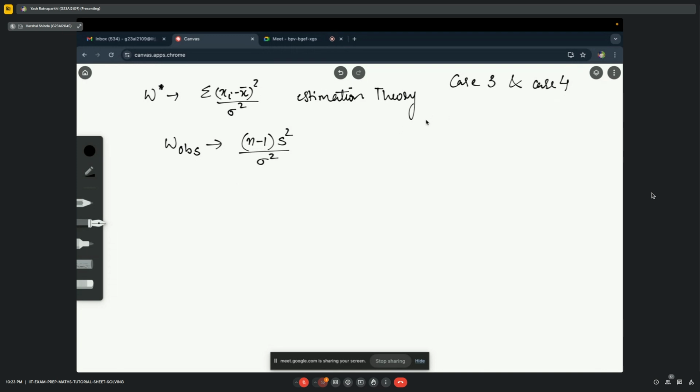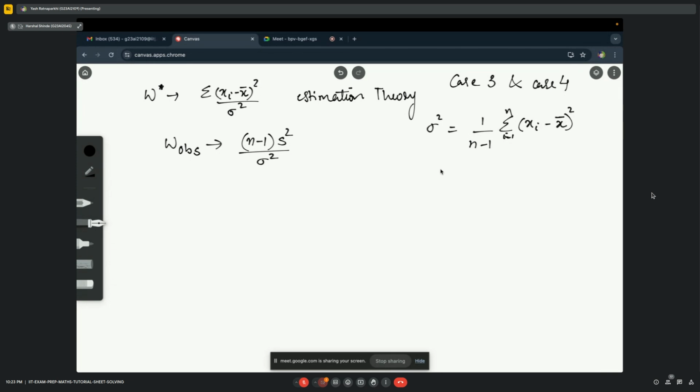When we learned about point estimation, unbiased and biased, we got a formula that our sigma square is equal to 1 upon n minus 1 summation of i equal to 1 to n xi minus x bar whole square. Do you remember this? Yes.